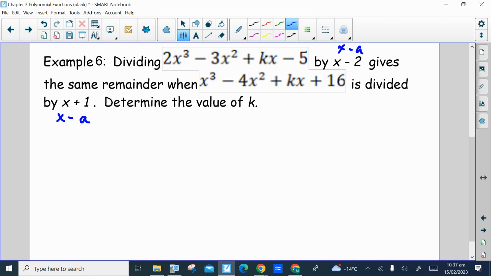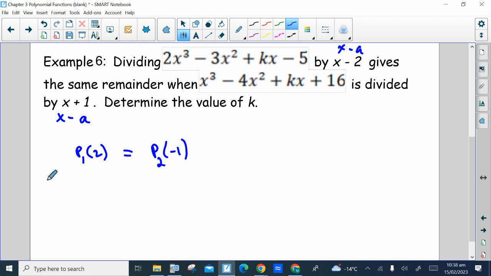We're told you get the same remainder in both divisions, so p at 2 in the first equation will equal p at negative 1 in the second equation. Maybe we'll say p sub 1 of 2 equals p sub 2 of negative 1, because those are the values of a.